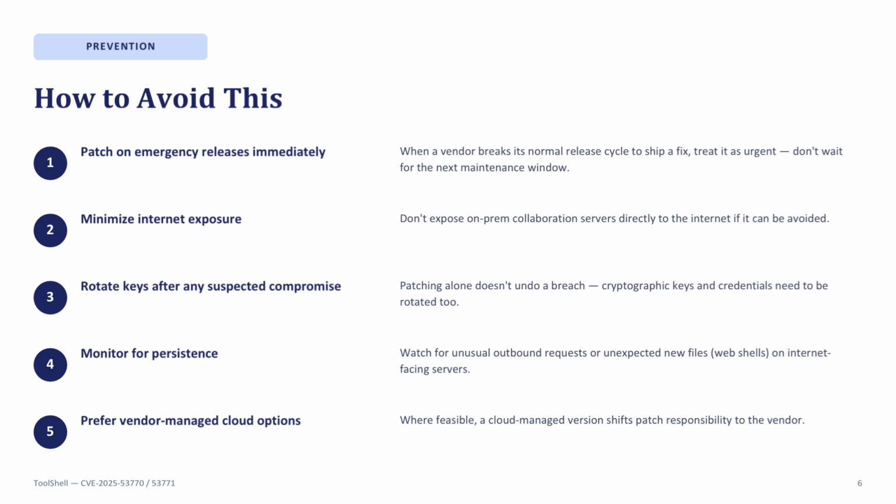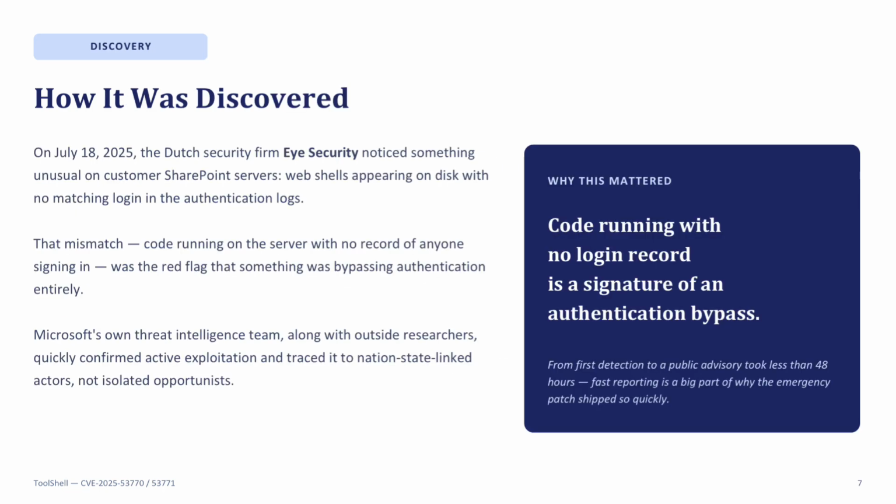Don't wait for the next maintenance window. Don't expose on-prem collaboration servers directly to the internet if it can be avoided. Patching alone doesn't undo a breach. Cryptographic keys and credentials need to be rotated too. Watch for unusual outbound requests or unexpected new files, web shells, on internet-facing servers. Where feasible, a cloud-managed version shifts patch responsibility to the vendor.